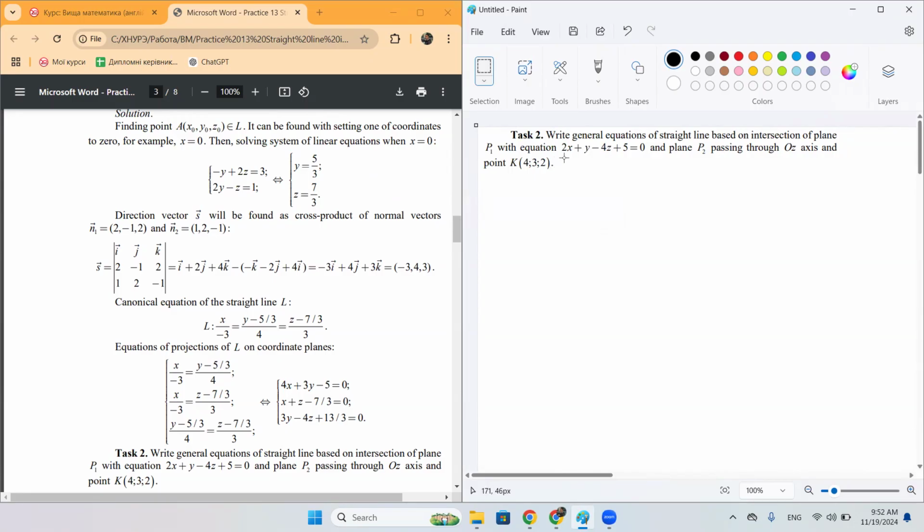We have the equation for the first plane, so we need to find the equation of plane 2. It will have the following form: a2x plus b2y plus c2z plus d2 equals 0.